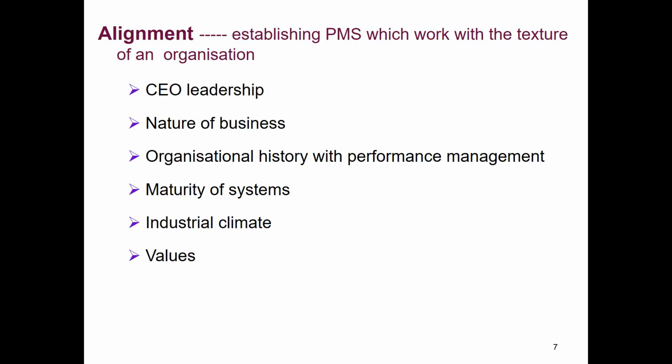And we consider industry climate and values. So performance management is not only looking at the organization level, but also at the system level, because people are recruited from the system and are influenced by the industry climate, and what kind of skills are required will be impacted by changes in the needs of the population. So all these external factors need to be taken into consideration.